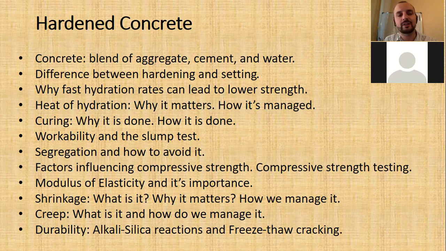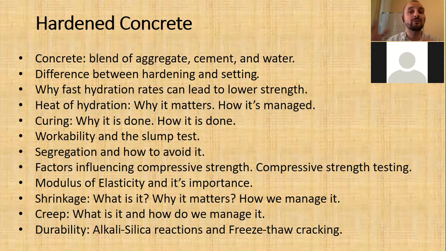Also, heat of hydration is very important, because if it gets hot, that's going to evaporate water, and that means there will be no water left in the solid concrete for unreacted cement to react with.